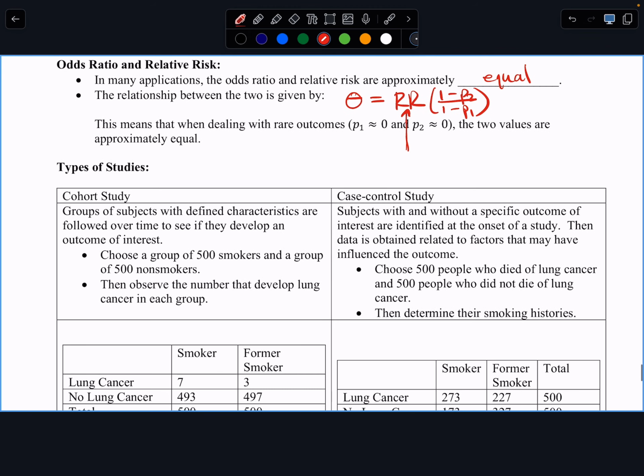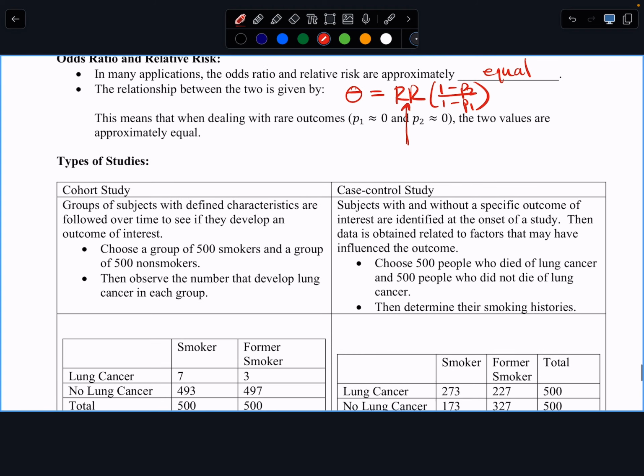One of the types of study designs is known as a cohort study. And in a cohort study, you're going to start with a group of subjects who have a defined characteristic. And then you're going to follow them over time to see if they develop an outcome of interest.